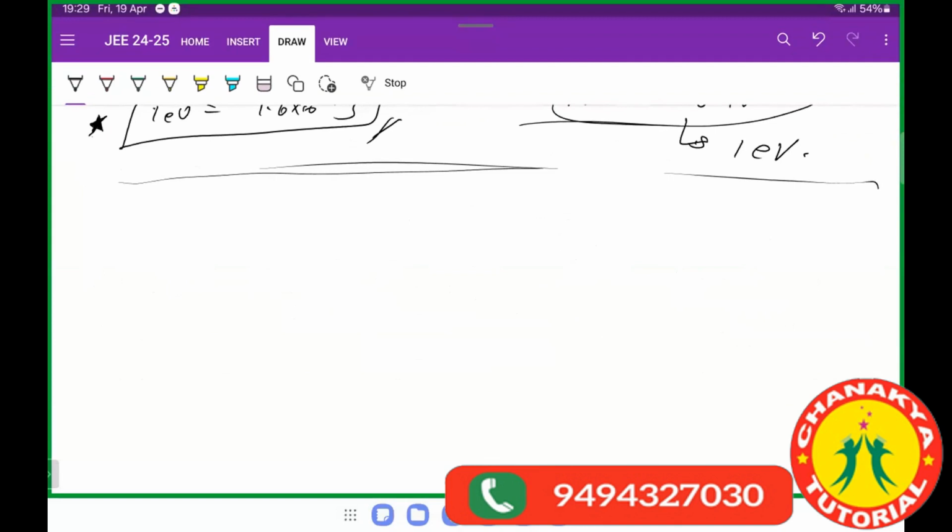Okay. So equipotential surface. From the name itself, you can understand what it is. What do you mean by equi?